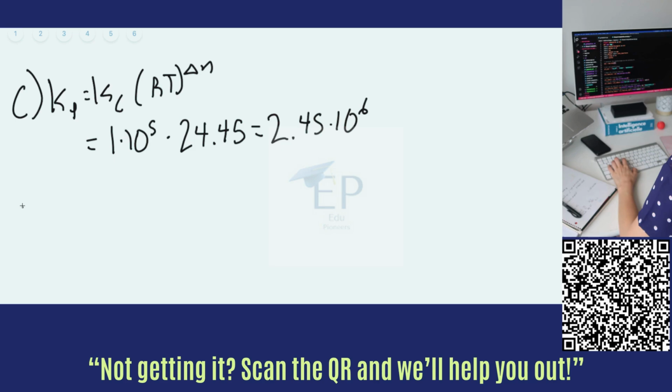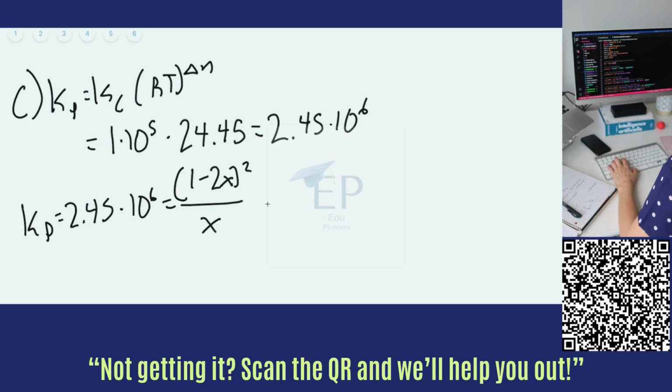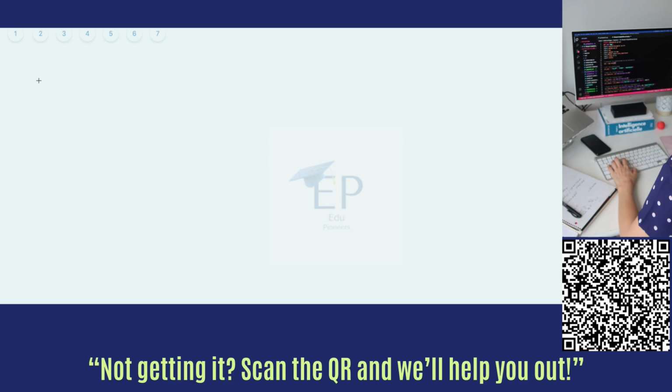And so when we plug that into our Kp equation, 2.45 times 10 to the 6th equals (1 minus 2x) squared over x. We rearrange this to form a quadratic, and I'll go to a new page for that.